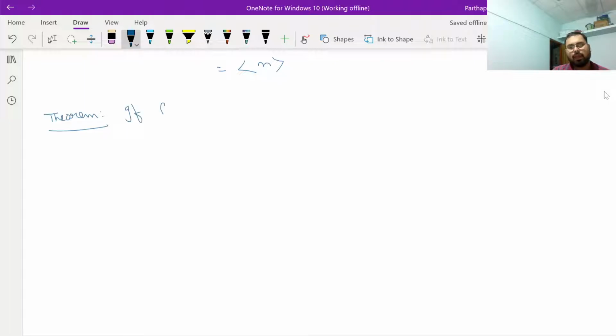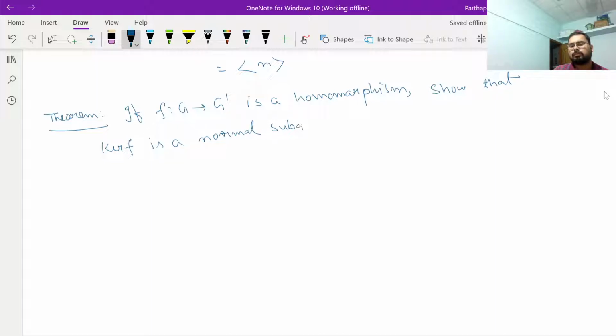If f from G to G dash is a homomorphism, show that the kernel of f is a normal subgroup of G. So let us prove it.